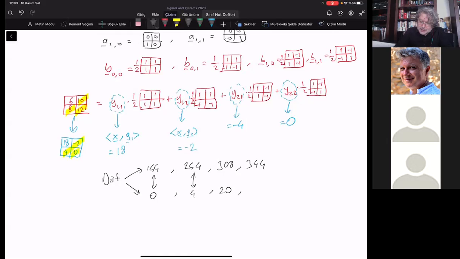Unfortunately, if you chop off everything, including this one, you have to come up with the same result, 344, probably. I didn't check, sorry. Because the energies are the same. Energies before and after the orthonormal transforms are the same. This is also known as Parseval's relation.